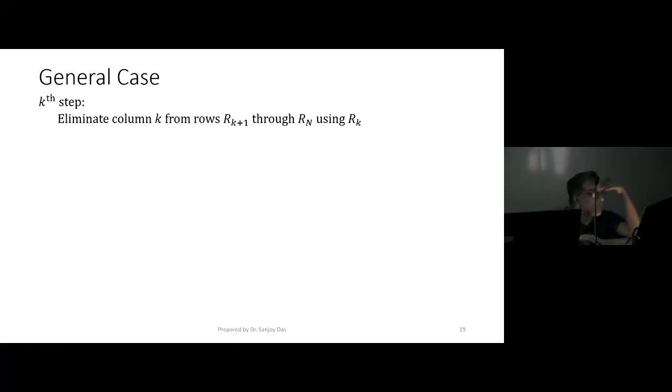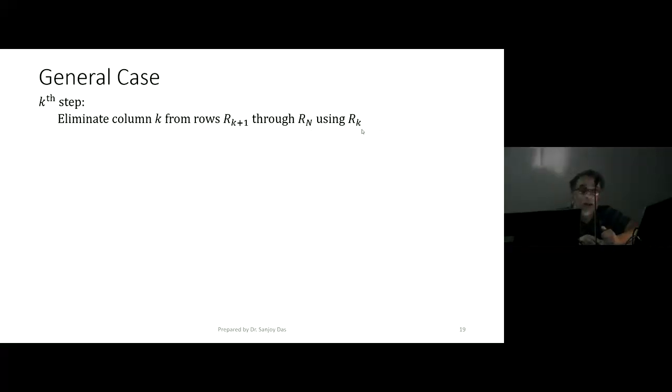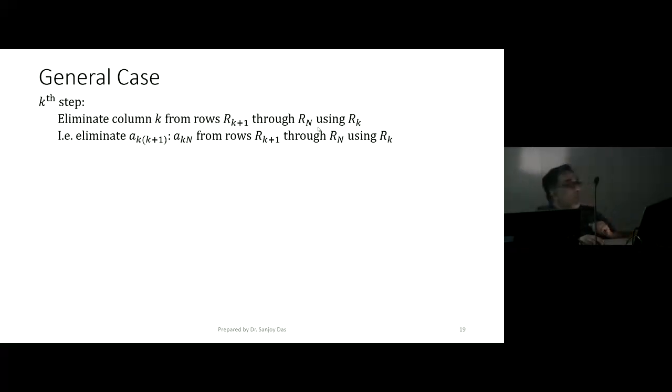Now, let's generalize. In the kth step, what we're doing is we eliminate column K from rows K plus 1 through N using the kth row. Rk is the kth row, and I'm focusing on the same column K, and I'm doing the elimination on all the rows below, row K plus 1 through row N. Okay.